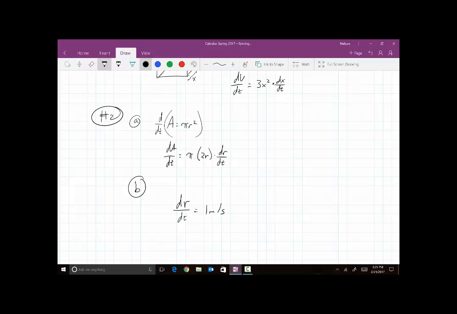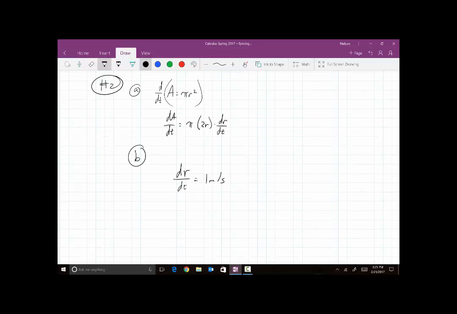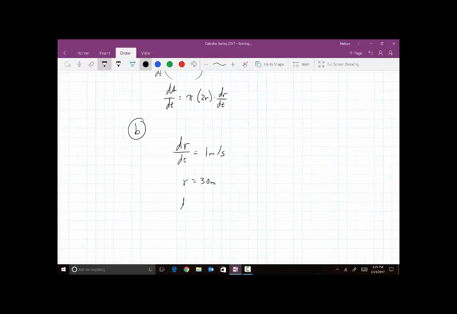And then it asks how fast is the area of the spill increasing when the radius is 30 meters. It asks how fast the area is changing, so it asks you for dA/dt.